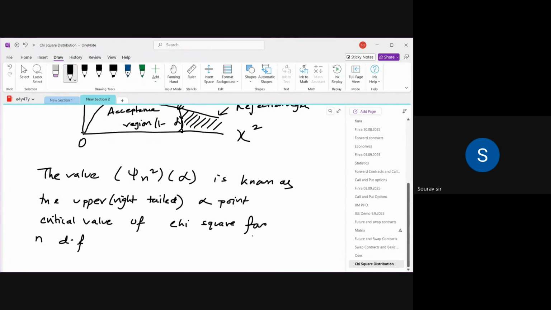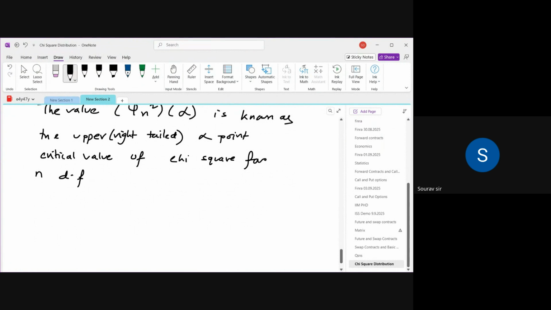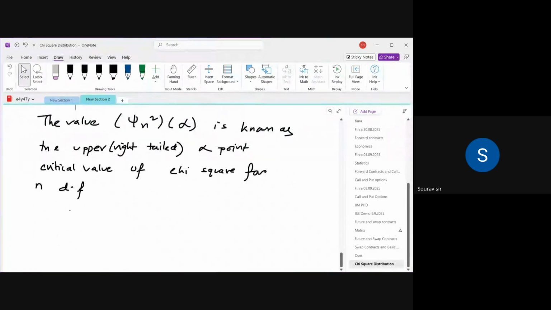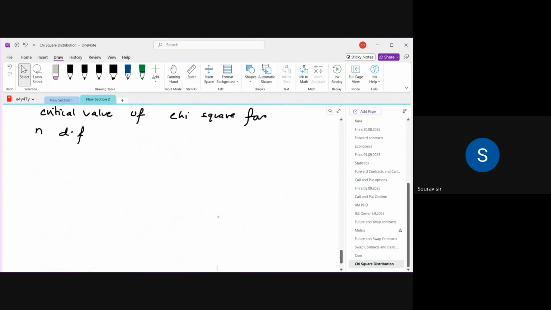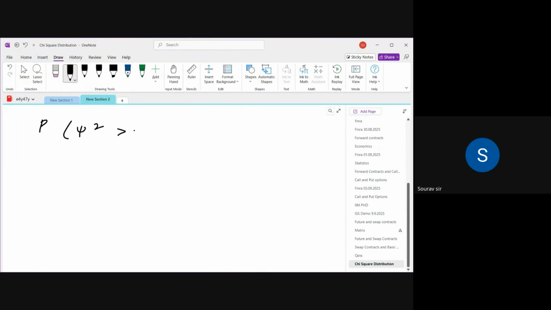The equation was like this: let chi-square alpha be the value of chi-square for n degrees of freedom. Then the area to the right of this point, here, is alpha. This is the acceptance region. Here you see the point. So that is P of chi-square greater than chi-square alpha equals alpha, which is shown.